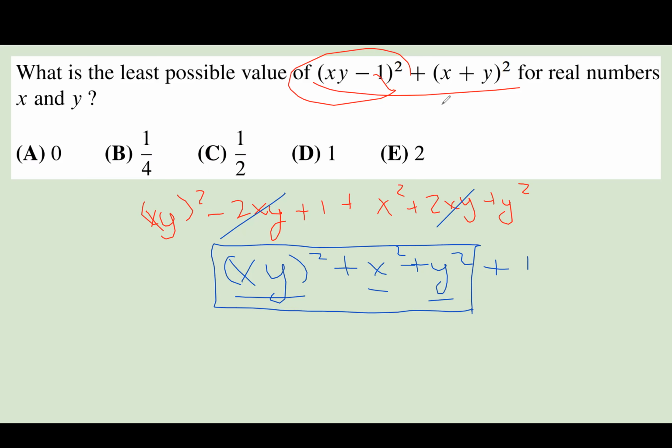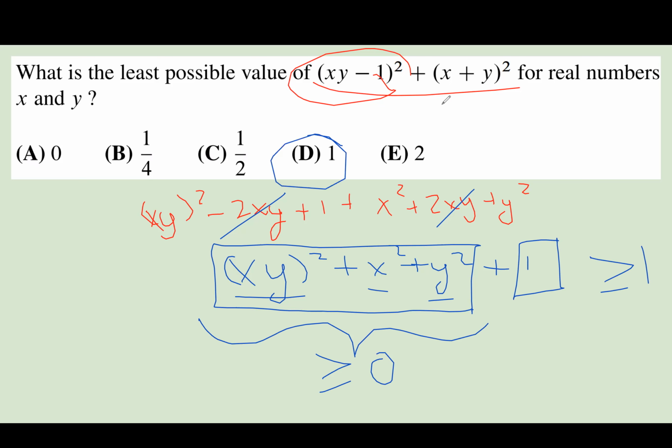So if this is minimized at 0 when x and y are both 0, then the minimum value that this function can have would be 1. Does that make sense? Because this has to be greater than or equal to 0, the whole thing has to be greater than or equal to 1. So the answer should be D, 1.